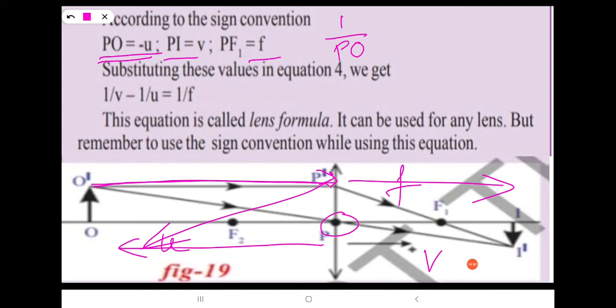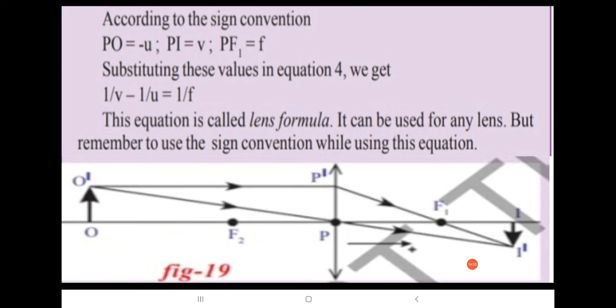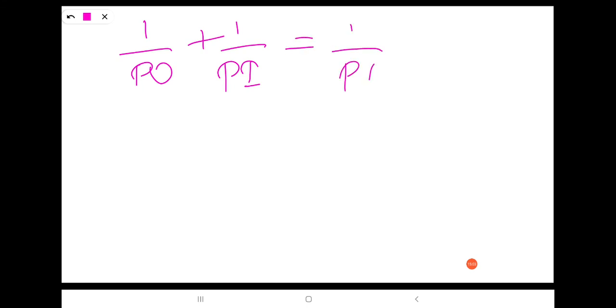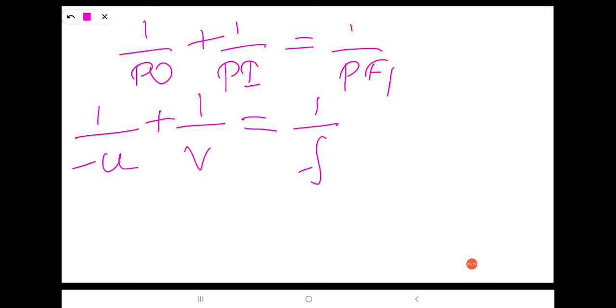So we got 1 by PO plus 1 by PI equals 1 by PF1. Now we are substituting the values. So 1 by PO, PO is minus u. And next 1 by PI, PI equals v. And 1 by PF1 is 1 by f.